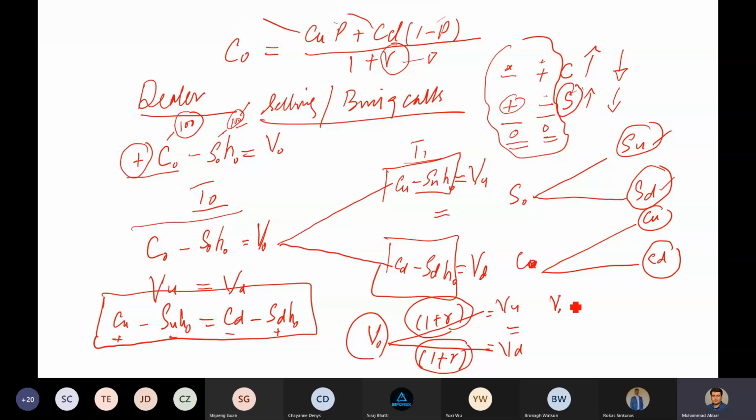So this means that V naught into 1 plus R raised to the power T will be equal to VU, which should be equal to VD. That is the condition we have here.